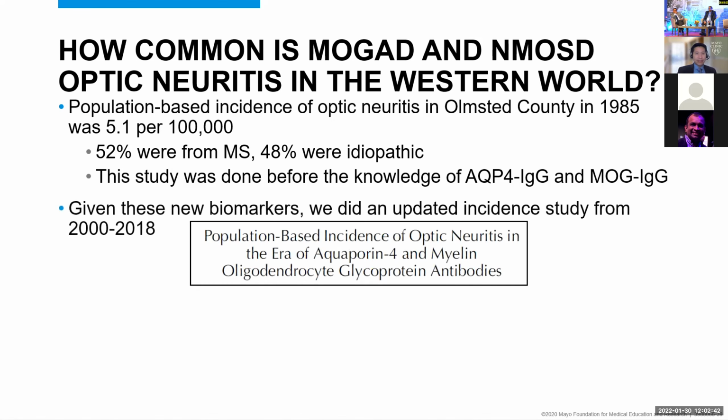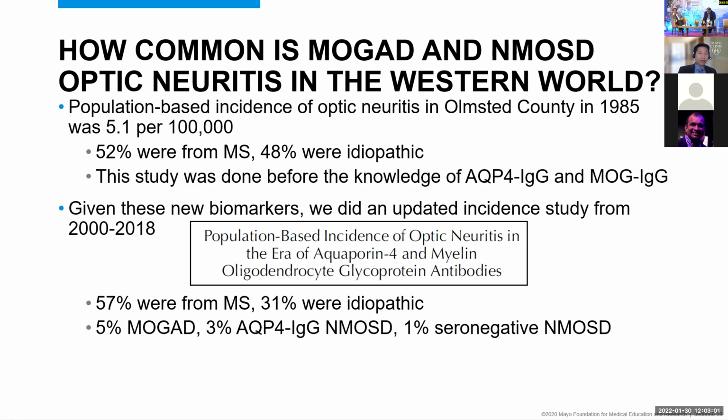Of course, now that we have these new biomarkers, we can actually see, how common are these entities from a population-based analysis. And what we found is that 57% were MS, and now that idiopathic group is going down. Now it's 31%, so about a third.